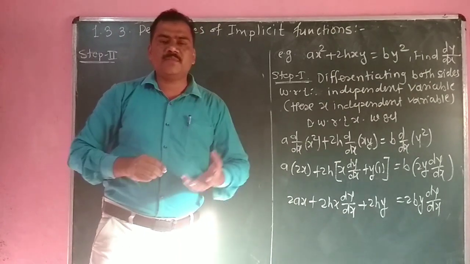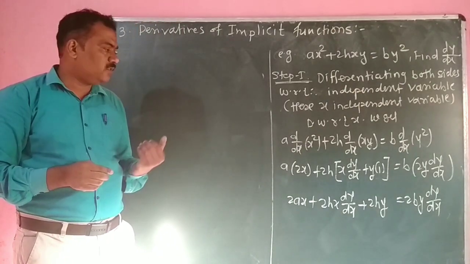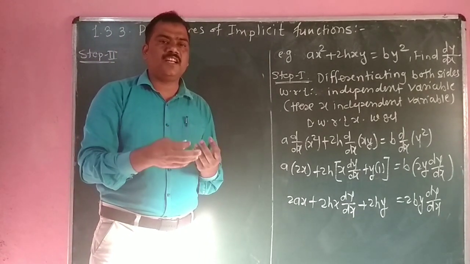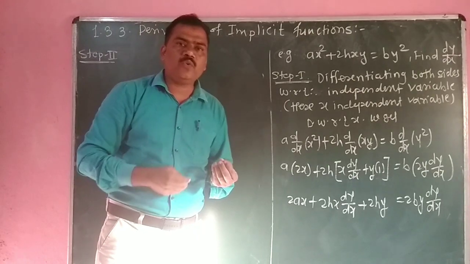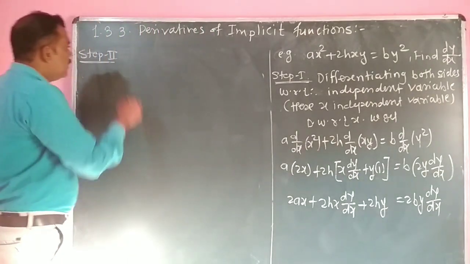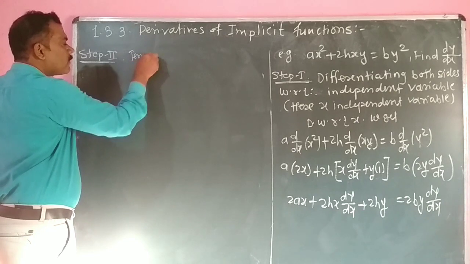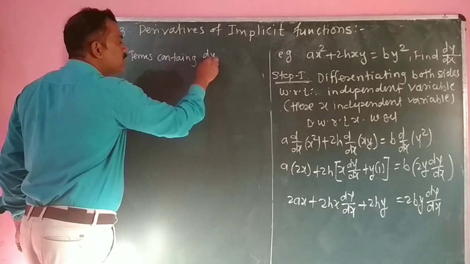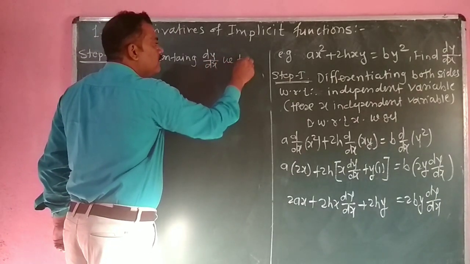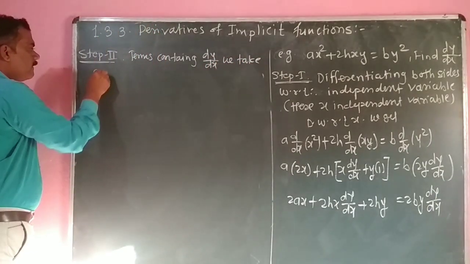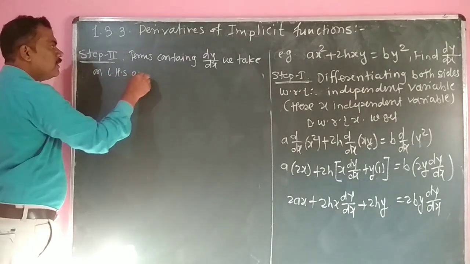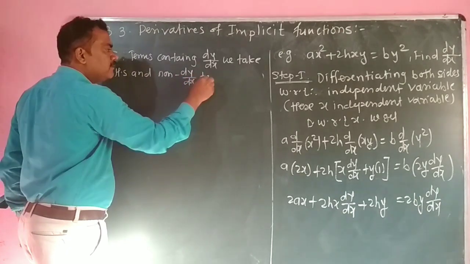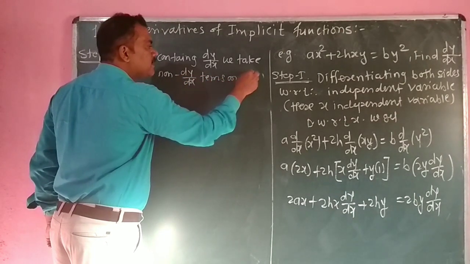The terms containing dy by dx we take on the LHS, and the terms which do not contain dy by dx, the non dy by dx terms, we take on the RHS.